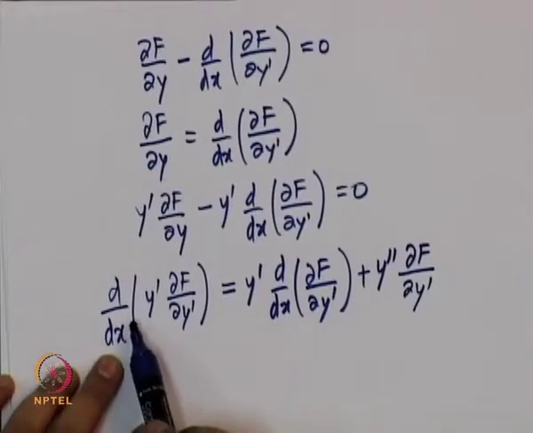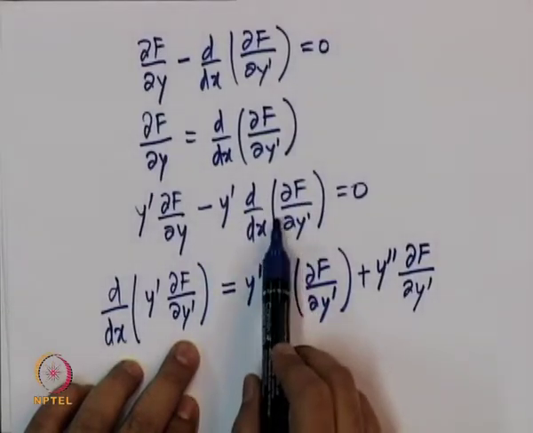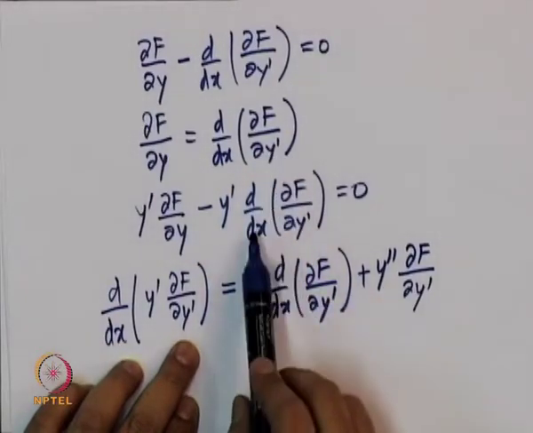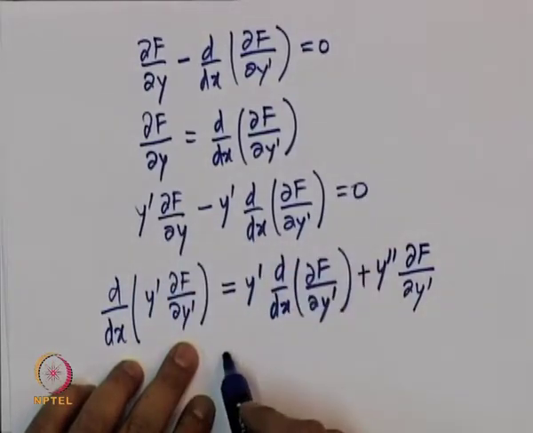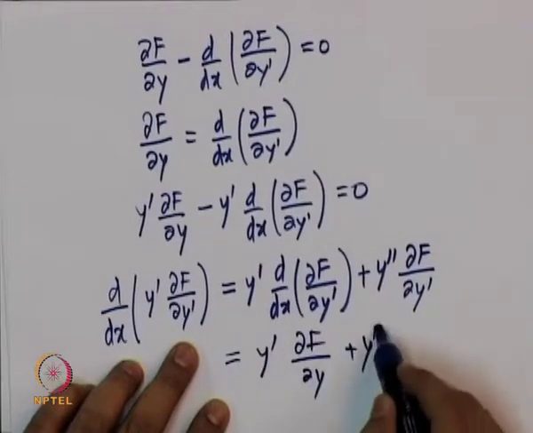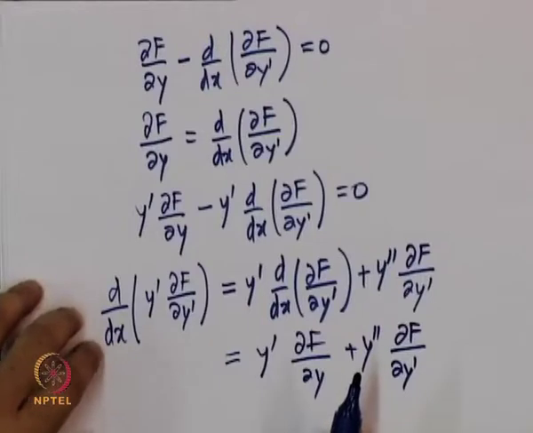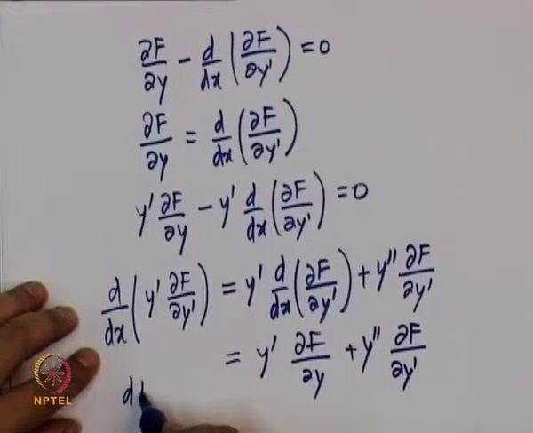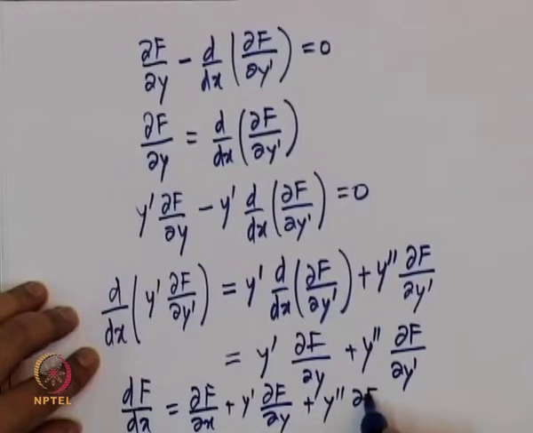So, now d/dx of y' ∂f/∂y' is equal to this term, but we know that term is nothing but y' ∂f/∂y, because this is equal to 0. So, we get y' ∂f/∂y plus y'' ∂f/∂y'. Now, the total differential of f, df/dx, is nothing but ∂f/∂x plus y' ∂f/∂y plus y'' ∂f/∂y'.